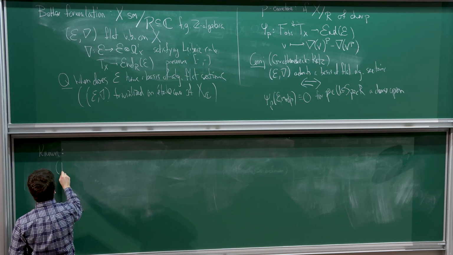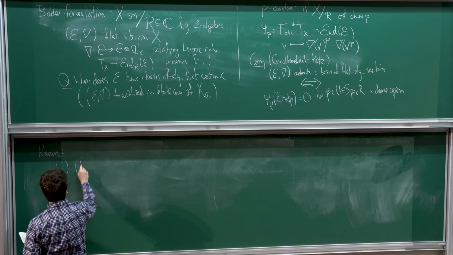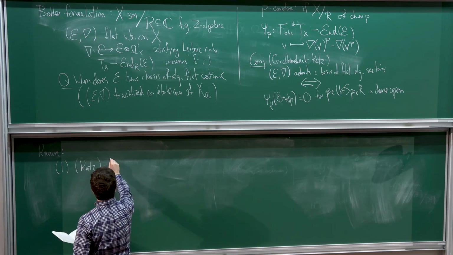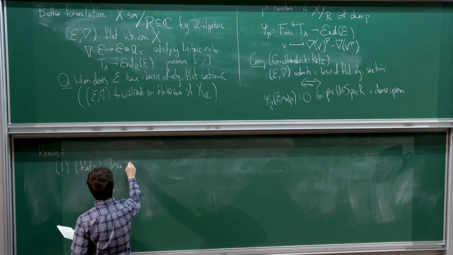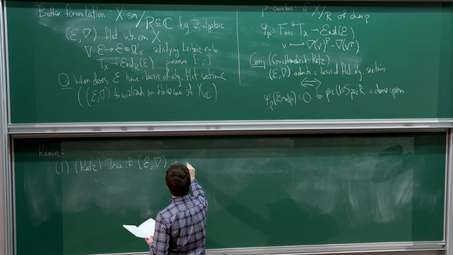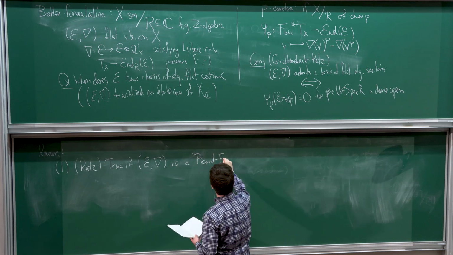So I think the first major result on this is due to Katz, which is that the conjecture is true if this flat bundle E nabla is a Picard-Fuchs equation. So let me say what I mean by that.